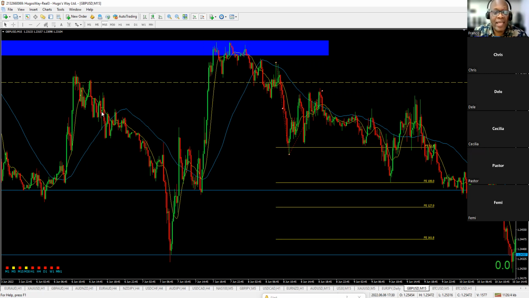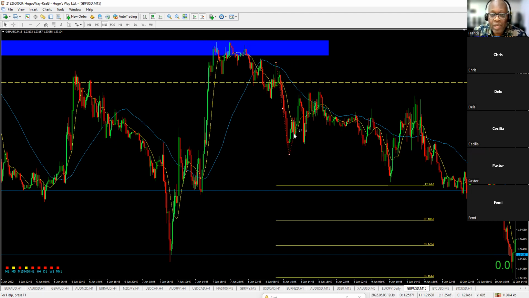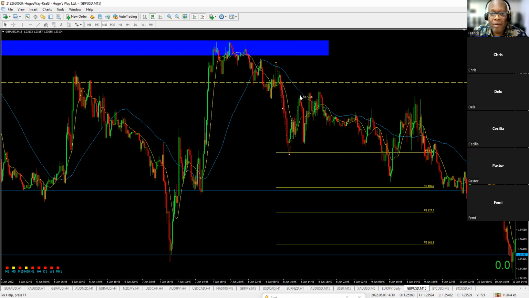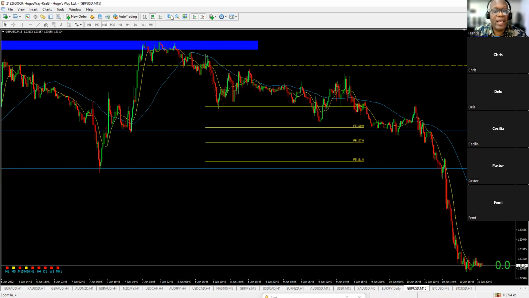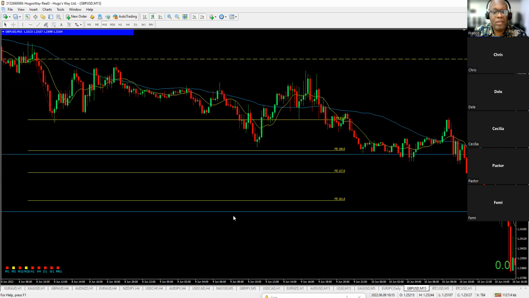If we entered here, this is the high that you'll use. So since we entered here, we're using this swing high. It came all the way down here, and it pulled up that far. Now, of course, let me make it bigger.